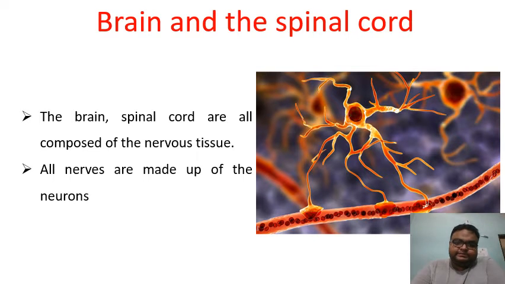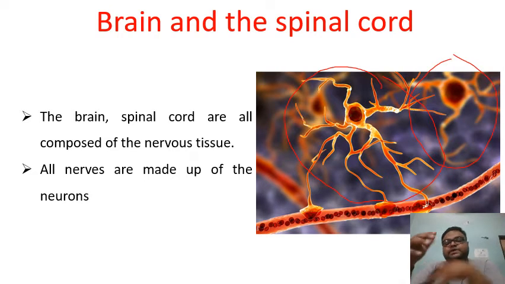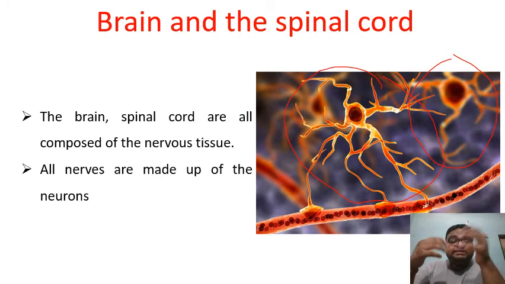Okay. Right. So the brain and the spinal cord are all composed of what? These are all composed of neurons. Can you see these neurons here? These are different neurons, and they are arranged in such a way that they make interconnections with each other, and in this way the brain and the spinal cord are formed, right?